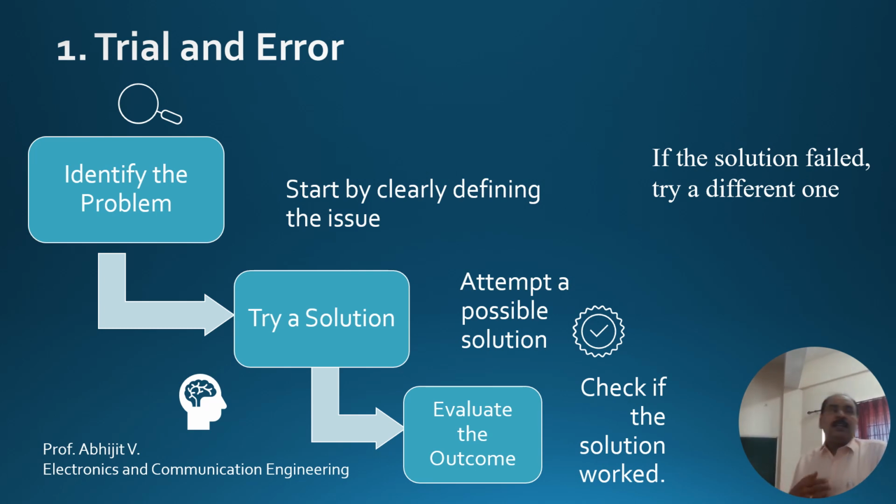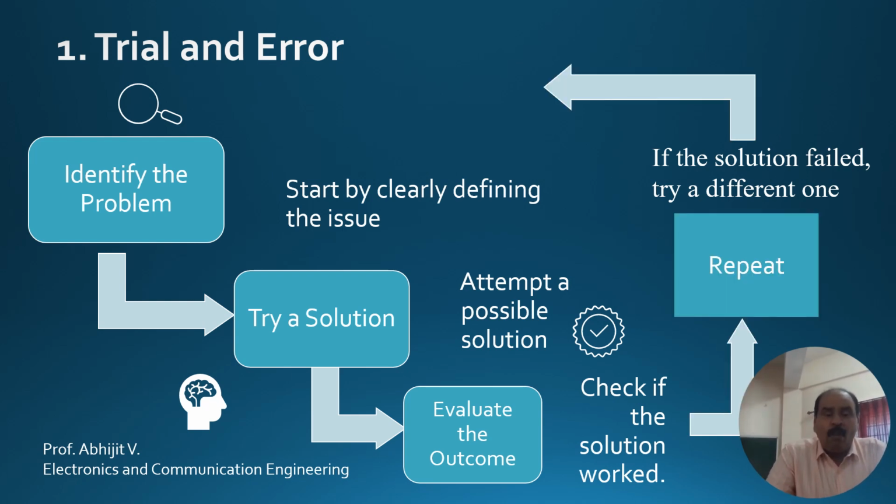In the trial and error method of problem solving, in most cases, once we identify the problem and define the problem statement, we try out all possible solutions. We try one solution and check whether it is a solution or not.